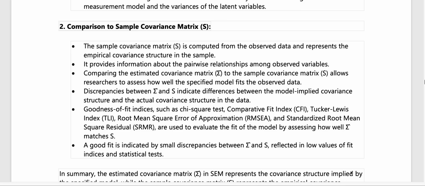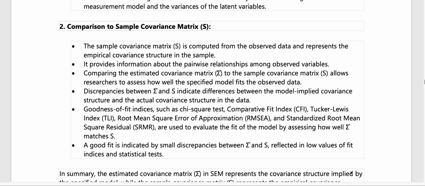Discrepancies between sigma and S indicate differences between the model-implied covariance structure and the covariance structure in the data. Goodness of fit indices such as the chi-square test, comparative fit index, Tucker-Lewis index, RMSEA, and standardized root mean square residual are used to evaluate the fit of the model by assessing how well sigma matches S.